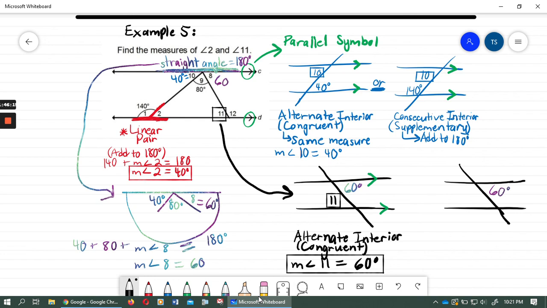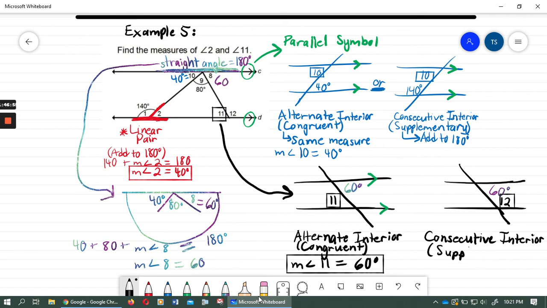Okay, let's see here, where we at? Angle 12, right? So if we had to find the measure of angle 12, again, the 60 degrees and that angle 12 are consecutive interior angles, or same side interior angles. And so again, just like we mentioned up above, because these two lines are parallel, then your consecutive interior angles are going to be supplementary, which means that they're going to add to 180 degrees.